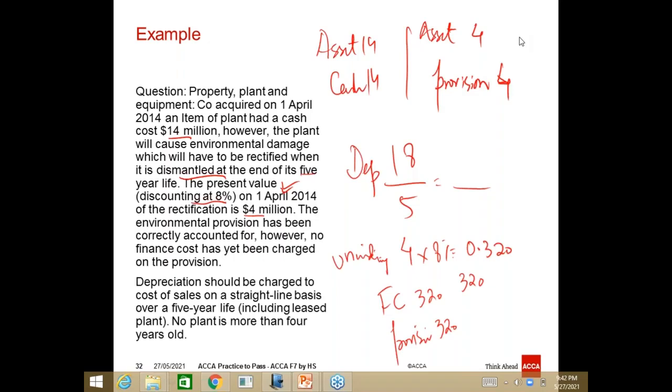Why 18 instead of 4? When we depreciate the asset, the whole of the cost of the asset will be depreciated. It's not only 4,000 that should be depreciated.